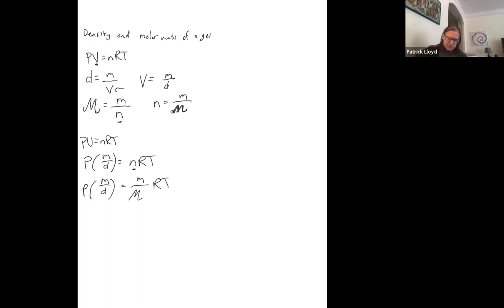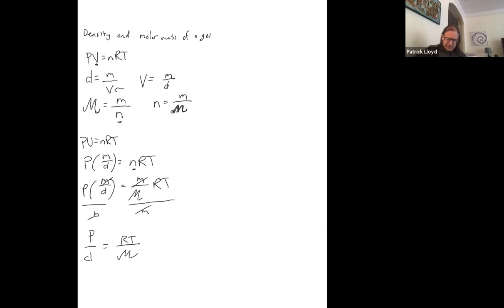Two substitutions so far. But notice you have mass on both sides, so I can divide both sides by mass and simplify it. Now I just have P over D, pressure over density, is equal to RT over molar mass. That cleans it up a little bit and looks nicer.